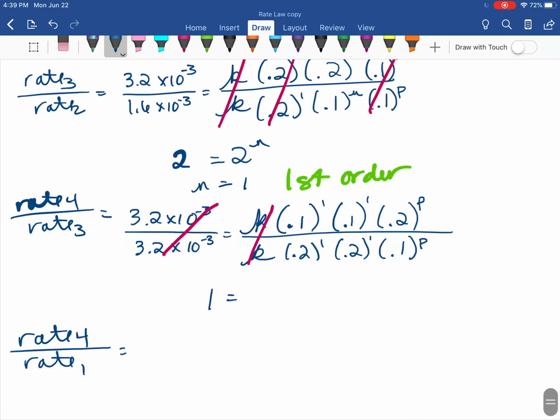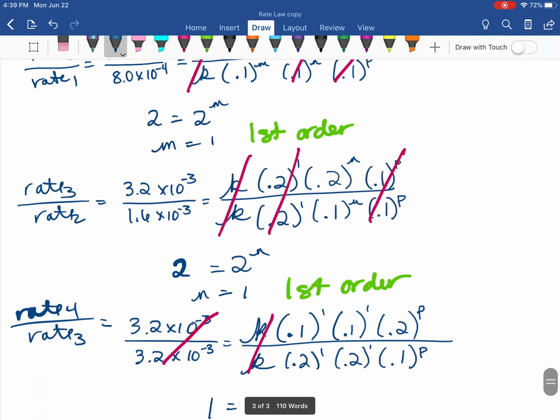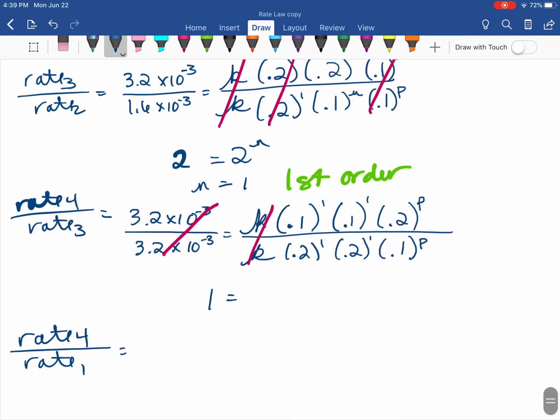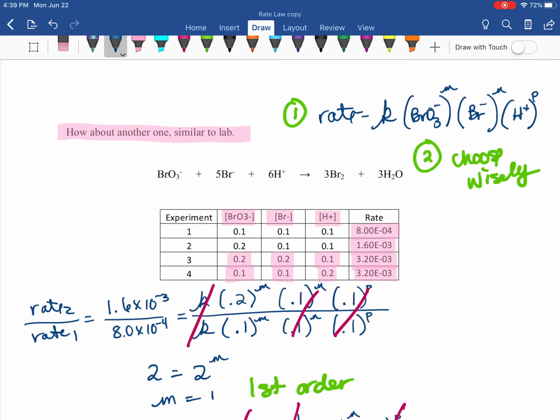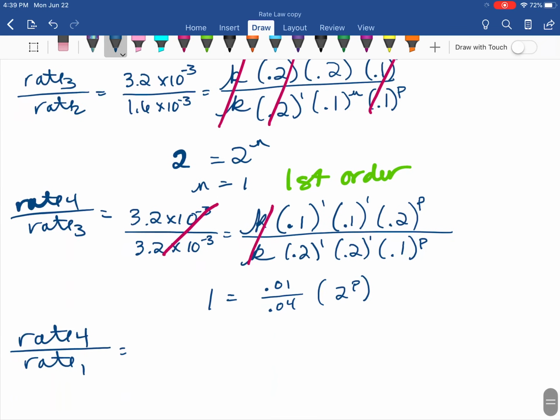My screen keeps changing on me. So I'm going to take... okay, watch that.